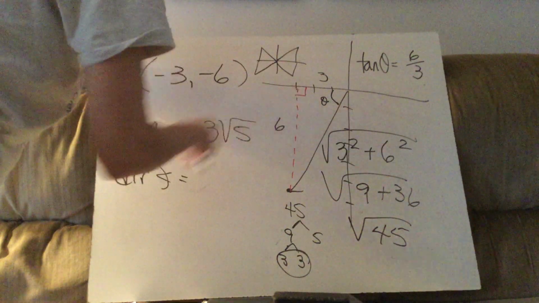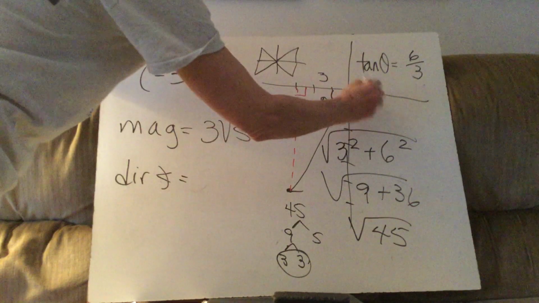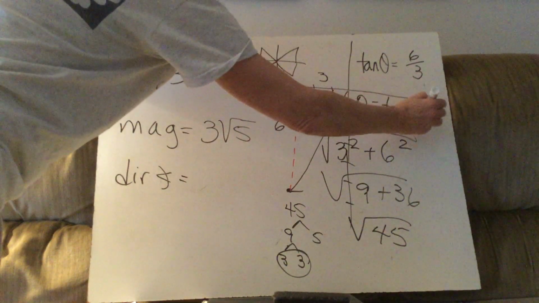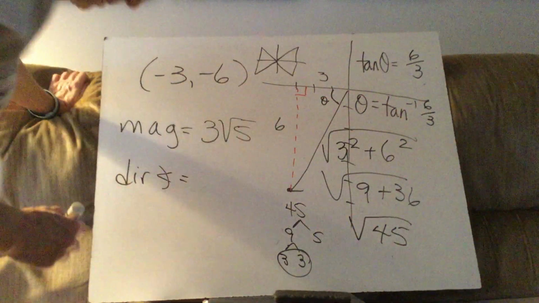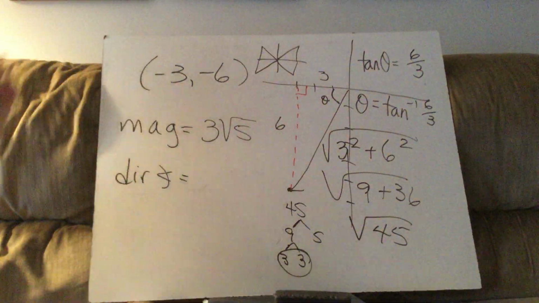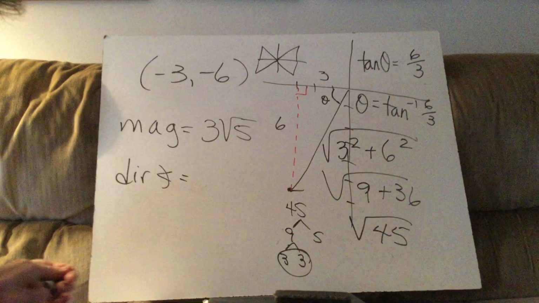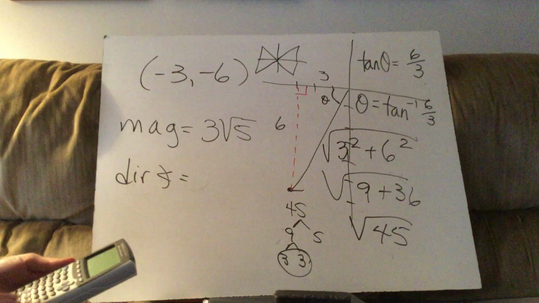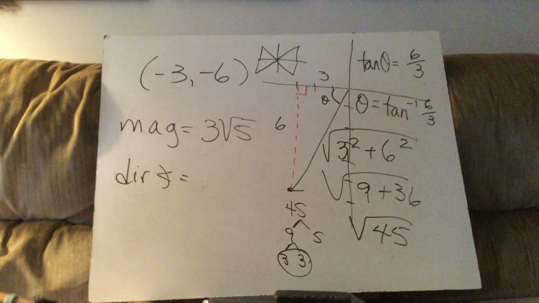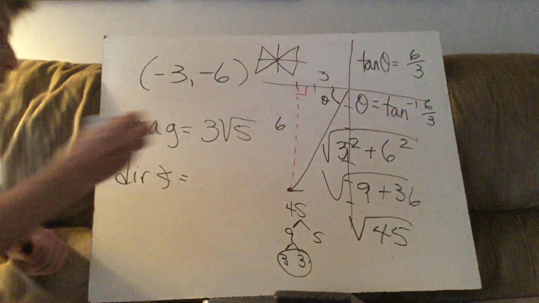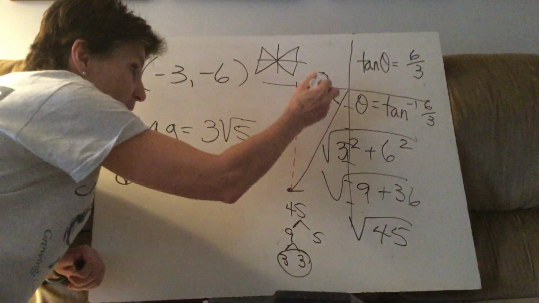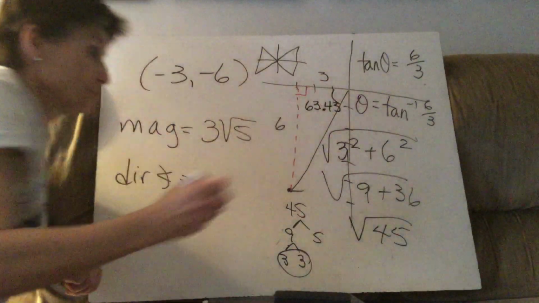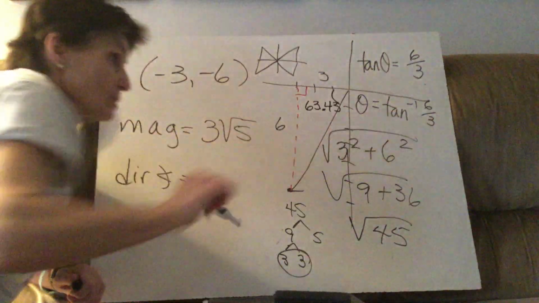So I can figure out what it is by doing inverse tangent of 6/3, or 2. Certainly you can make that a 2 if you want. So inverse tangent of 2. That angle is 63.43.